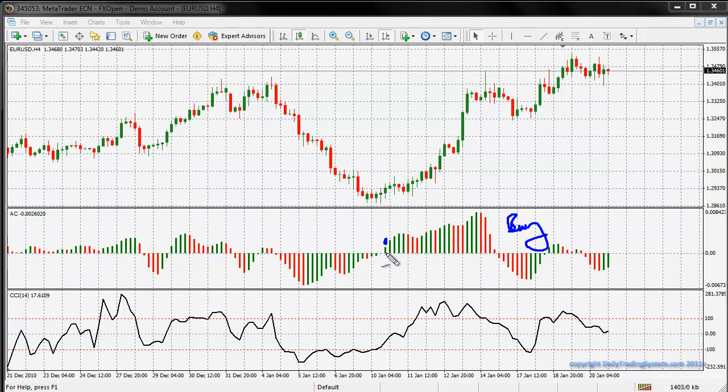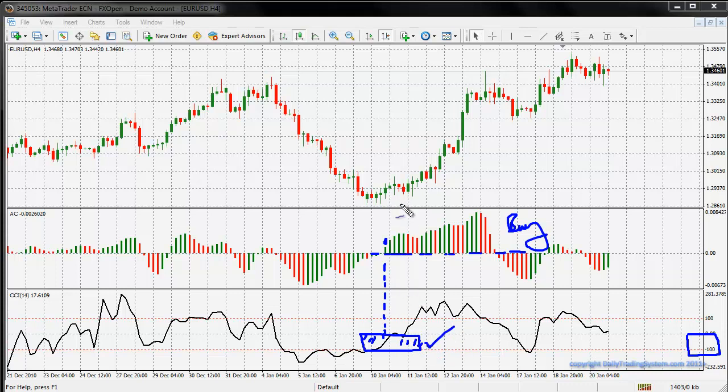Look at the very first bar generated above the histogram on the Accelerator oscillator, and then immediately below it, see if this black line, the CCI line, is indeed within the 100 to minus 100 area. It needs to be within that area, and it is, so that would work out well.